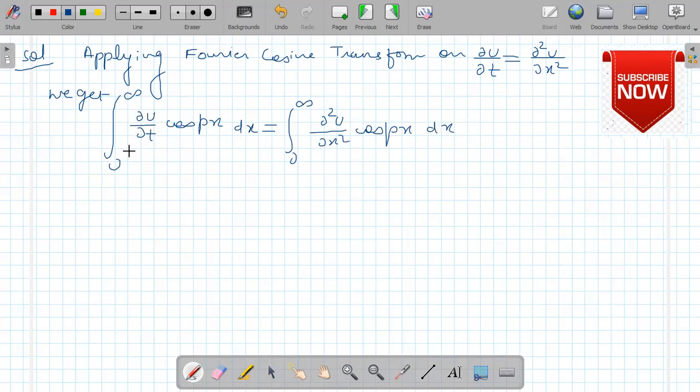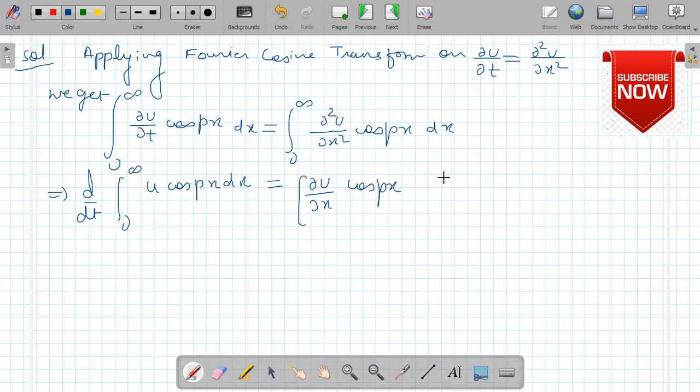Again, we take this del over dt outside so that we have d over dt of integral u cos px dx. And here we have del u by del x cos px, minus integral del u by del x times minus p sin px dx. This is nothing but d u c bar over dt.